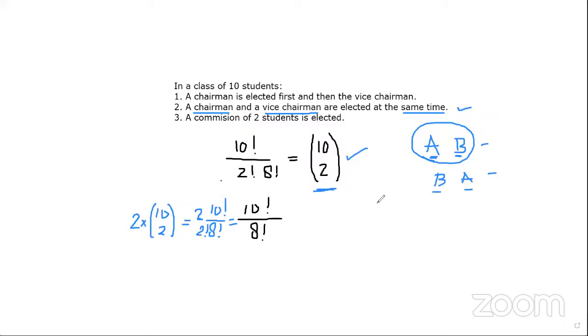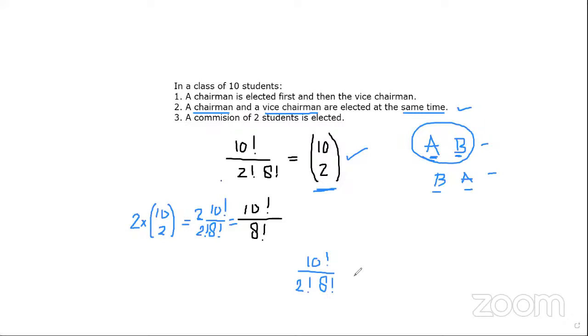For number 3, that is 10 factorial divided by 2 factorial times 8 factorial.